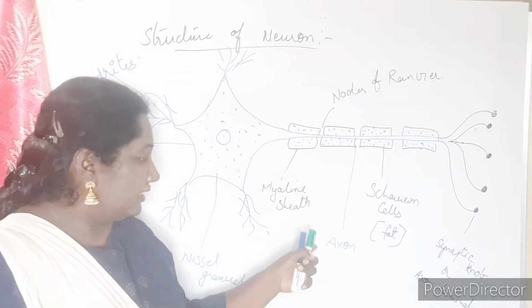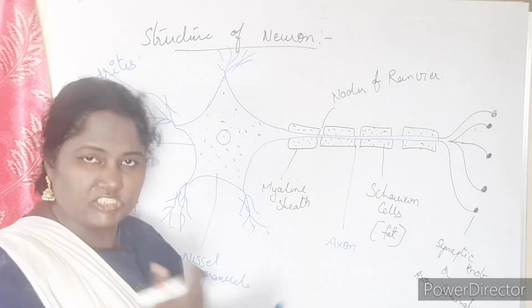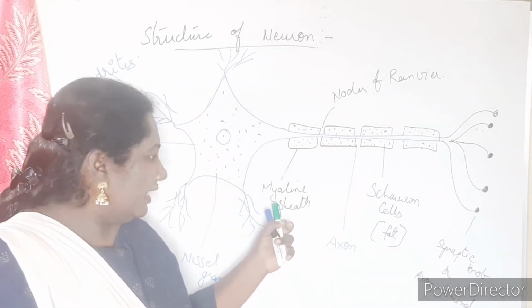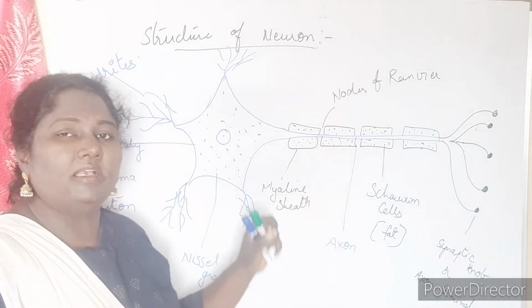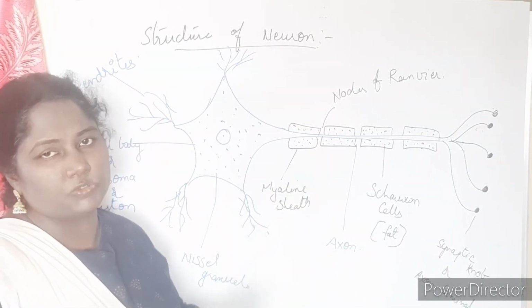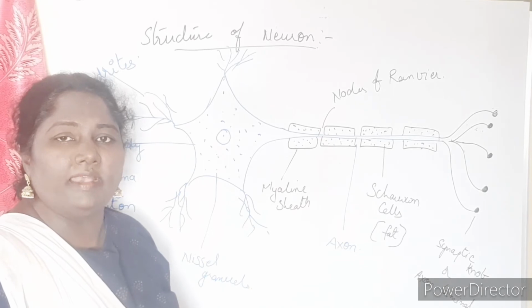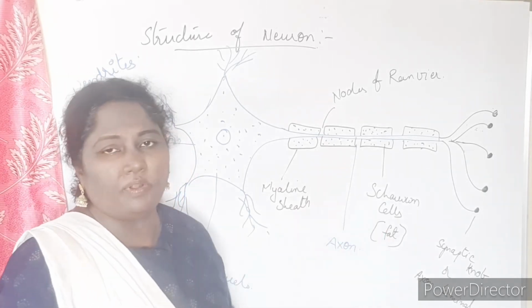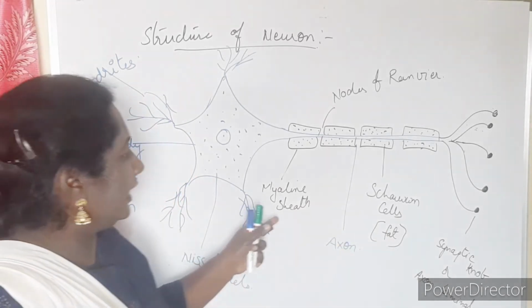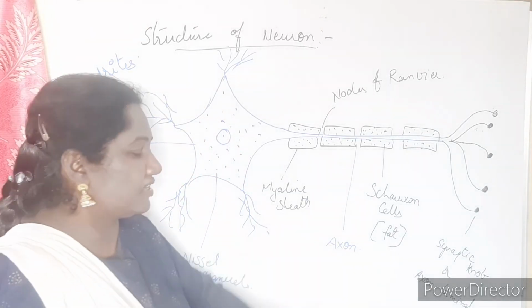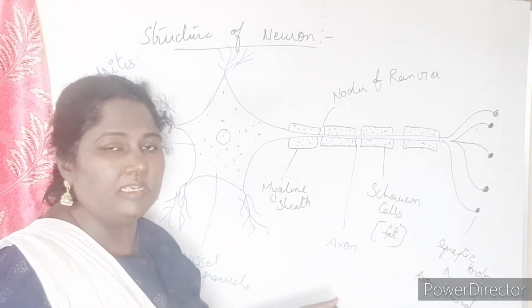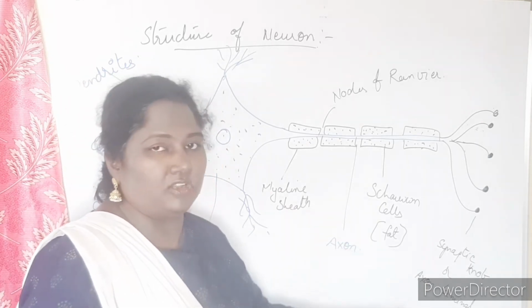And if you observe the axon, it is surrounded by a sheath, called the myelin sheath, which has cells in between. Those cells are called Schwann cells, which provide energy as they are made up of fat. And coming to the end part of the axon, it ends with knob-like structures, and these knobs are called synaptic knobs or axon terminals.